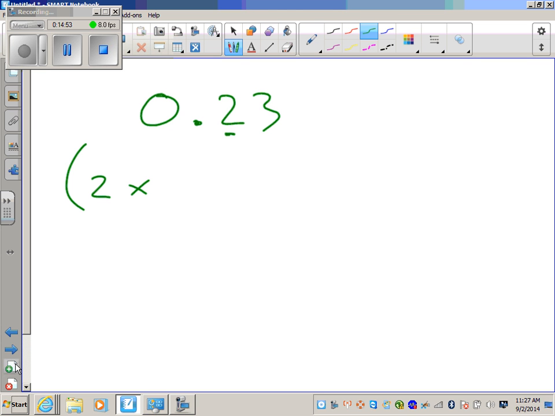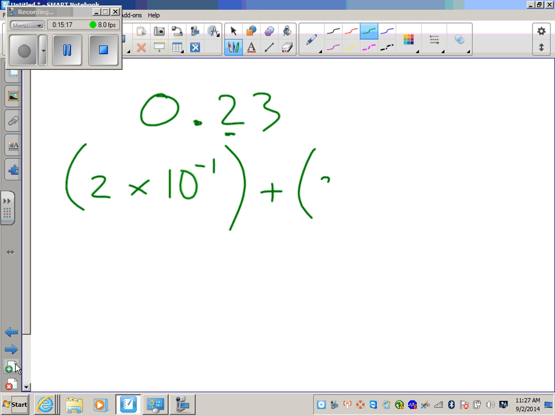And how many places after the decimal does that 2 appear? 1. But if I put down positive 1, I'm going to have a 0 after, right? It's going to be like 20. So I'm going to make sure I put negative 1. So whenever you use the decimals, you're going to use the negative exponents.